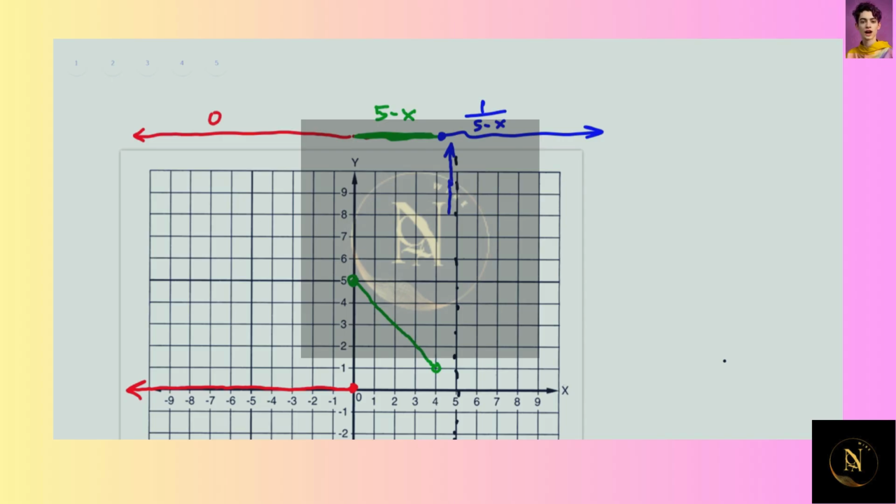To figure out exactly the height at 4, let's just plug in 4 for x. 5 minus 4 is 1. And we already knew from doing the problem, f of 4 equals 1. Don't forget, f of 4 equals 1. So there we go, f of 4 equals 1. Let's just connect these as nicely as possible. And then on the other side, something along these lines here.